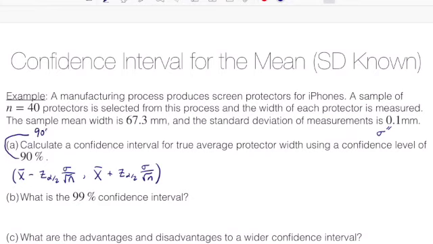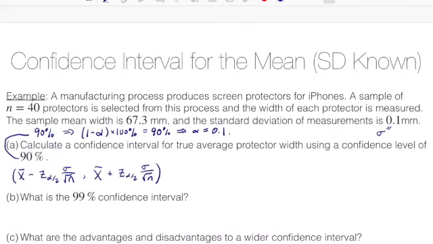So a 90% confidence level implies that 1 minus alpha times 100% is equal to 90%, and that implies that alpha is equal to 0.1.